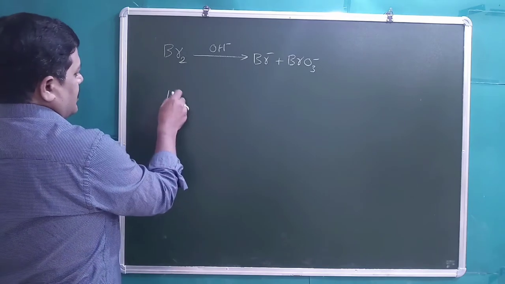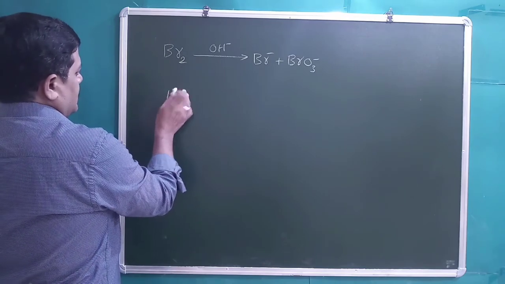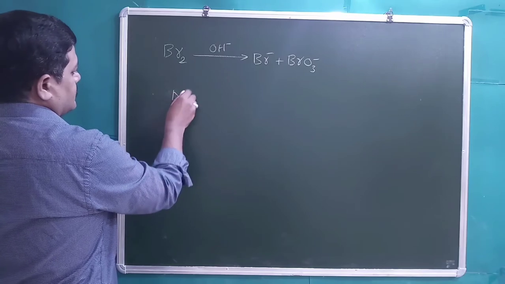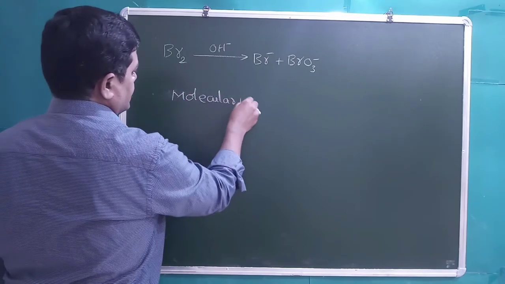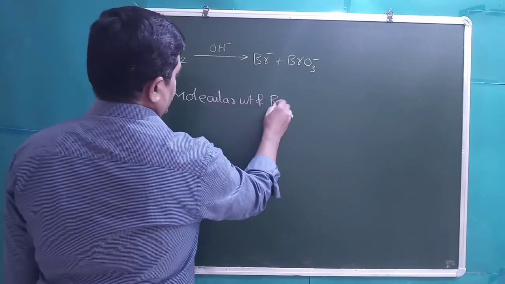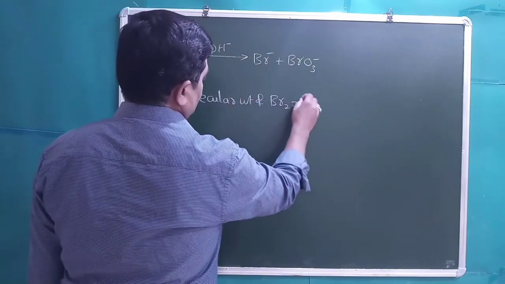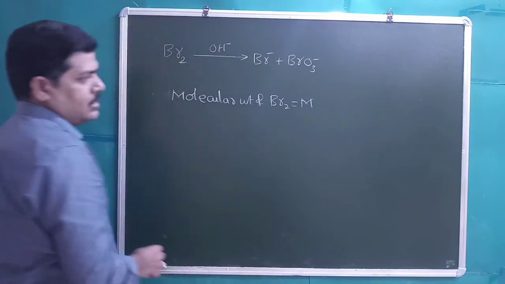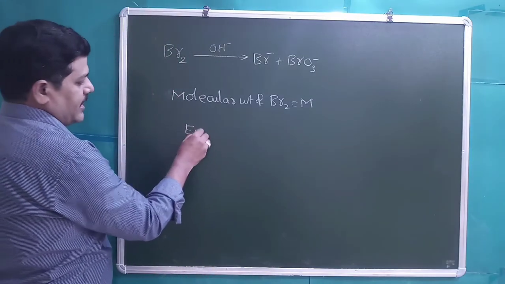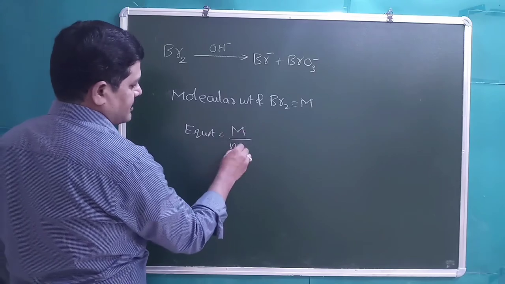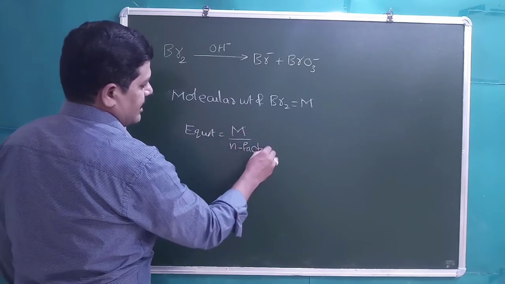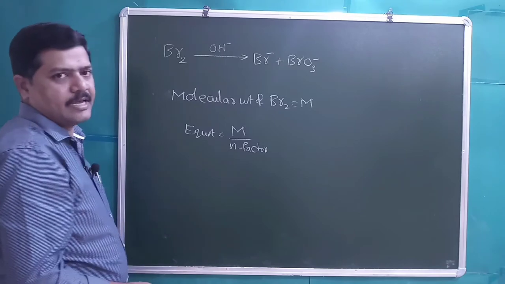Students, here let us assume the molecular weight of Br2 is equal to m. Then we know equivalent weight is equal to molecular weight divided by n factor. Let us calculate the n factor for the Br2 here.